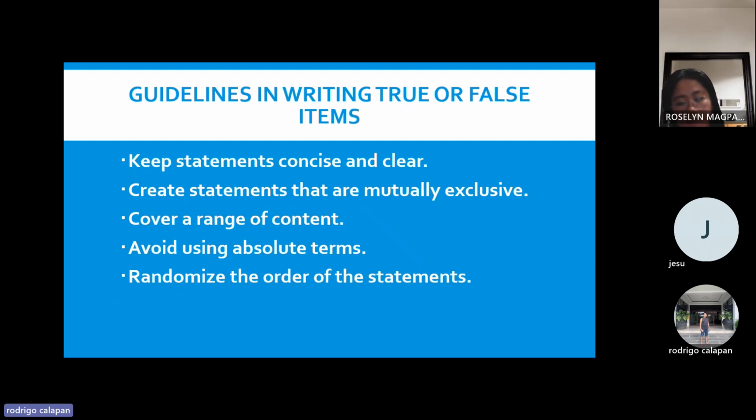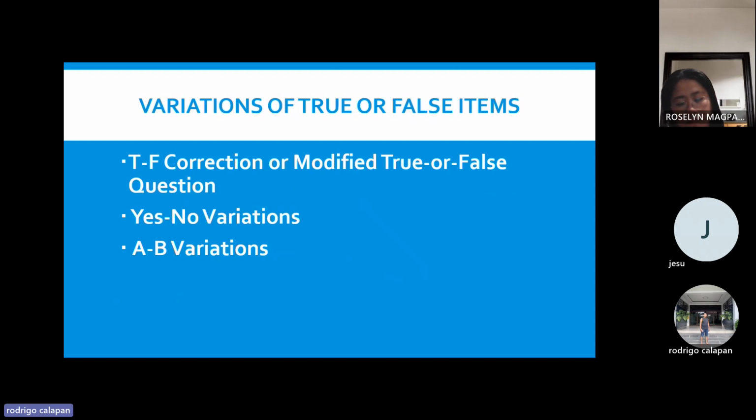So, for the true or false questions, there are variations. We have the true, false, correction, or modified true or false question, where the statement is presented with a keyword or phrase that is underlined, and the learner has to supply the correct word or phrase.